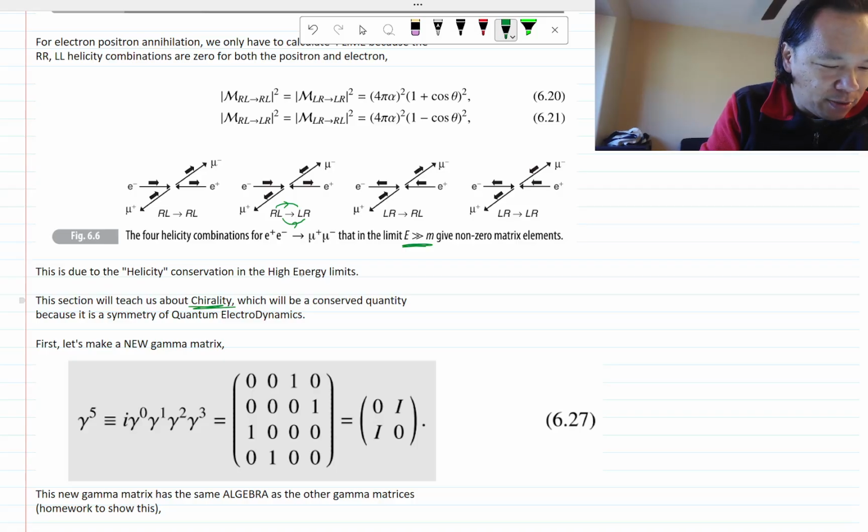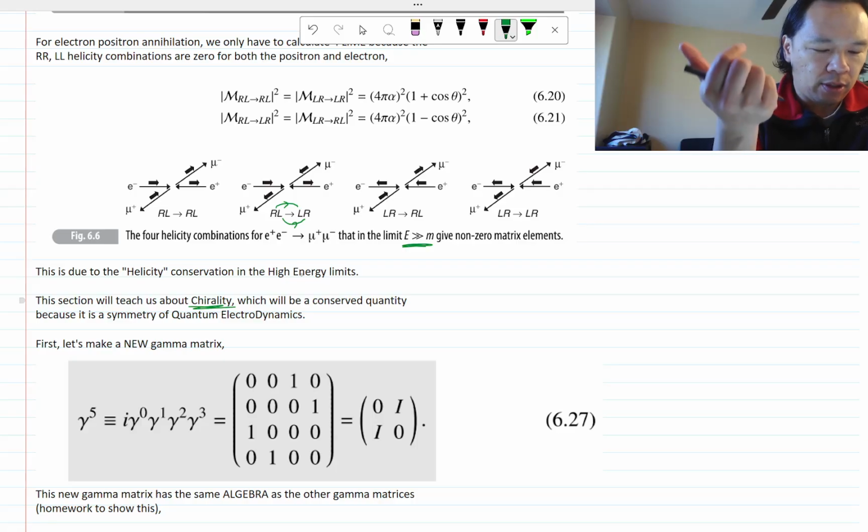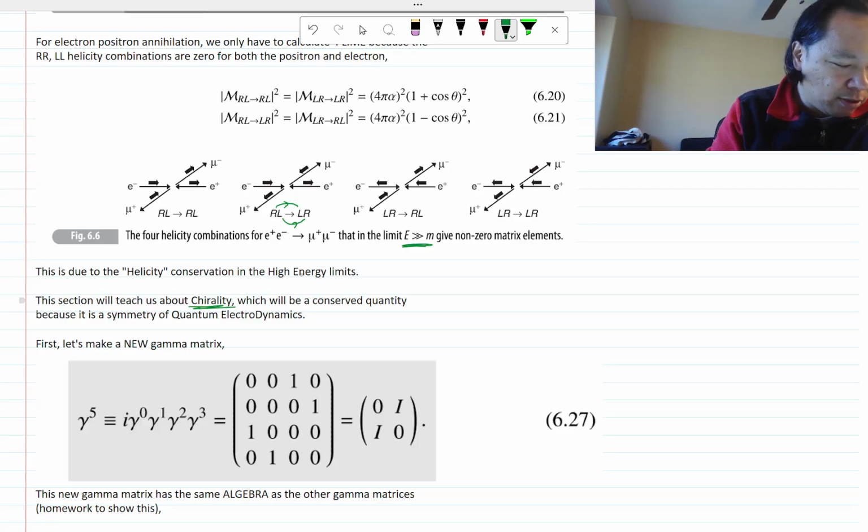Chirality, I think they chose it as a fancier word on purpose, so that we don't associate this operation with something physical. It's really just math that we're doing, that we found is one of the symmetries in quantum electrodynamics.